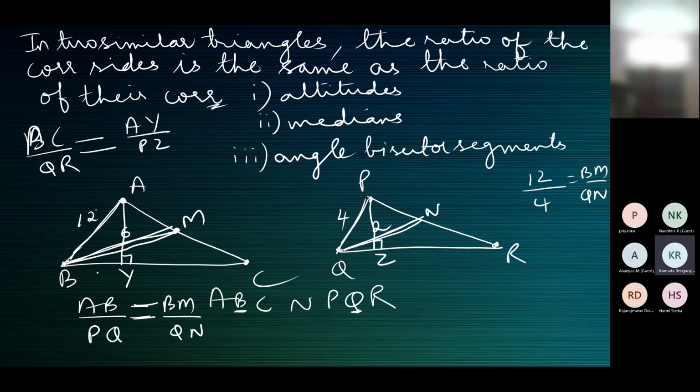Why are AY and PZ the corresponding altitudes? Because AY is from the vertex A and PZ is from the vertex P, and A and P are corresponding vertices.